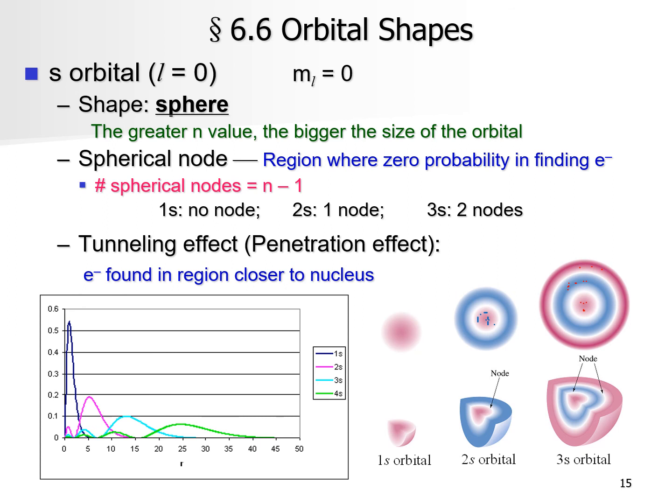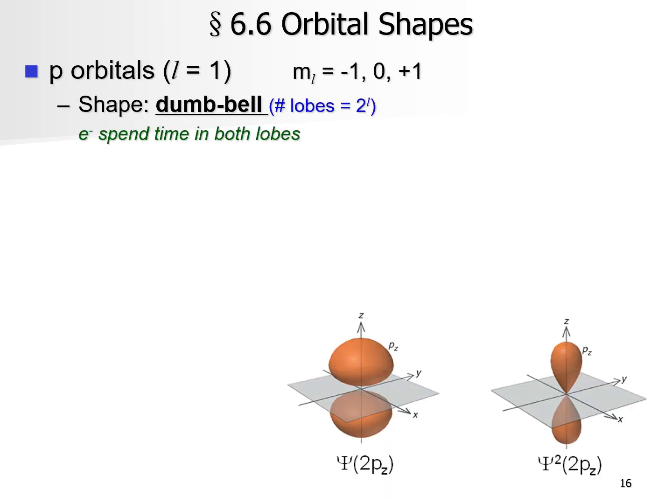I would like to remind you, the s orbital is a sphere, that means it is in one piece, so we call it one lobe. For the p orbital, where L equals 1, the shape is a dumbbell. That is one ugly dumbbell, but it looks pretty good for a dumbbell. You may wonder what's the difference? The difference is we take the square of this shape and it becomes like this.